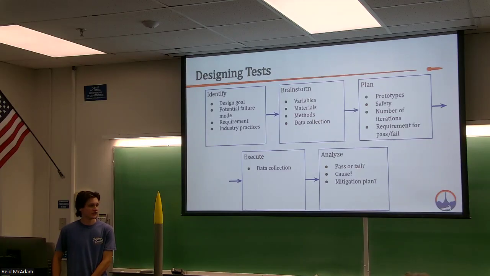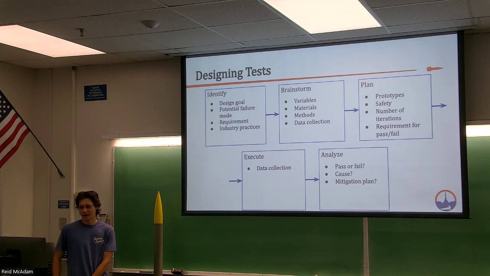And then you've got industry practices. Generally, if you're going to test if your parachute will survive the ejection charge, you don't fire it out of the cannon. So you've got to look at how we can test this, and how we can test it in a way that most people would do.